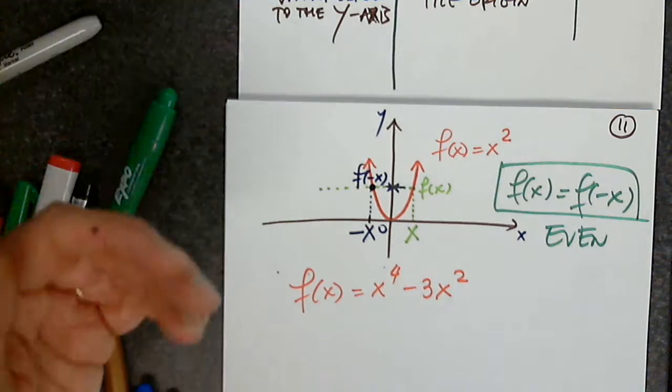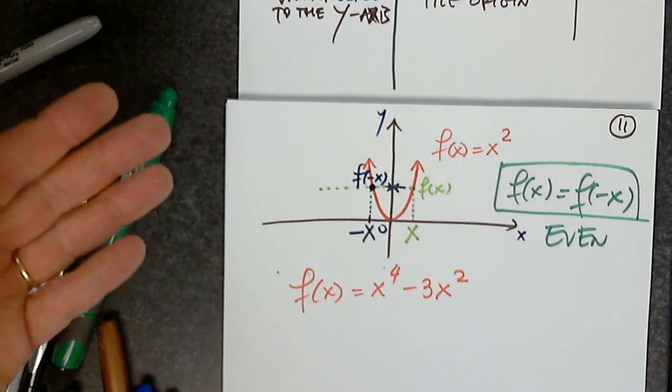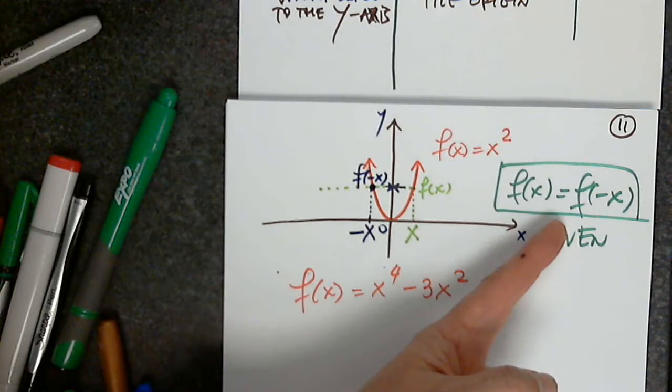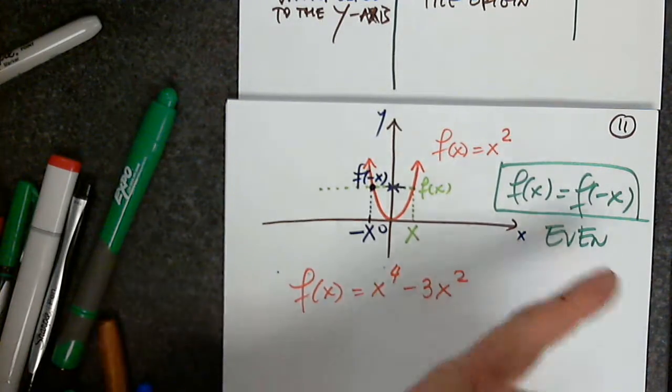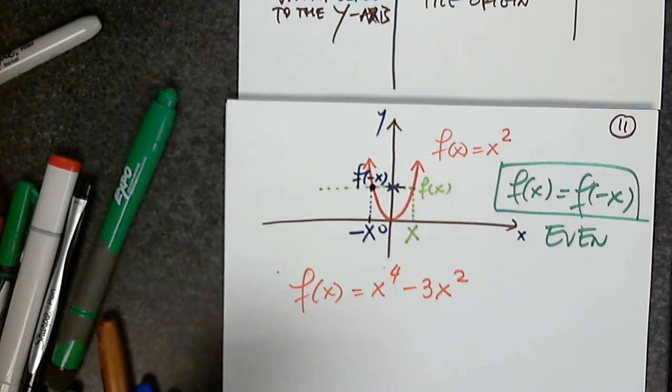Okay, one more time. We established that for any even function, this relationship has to happen. So now we have a function. And the question is, how will I show whether the function is even or not even? What do I have to determine?